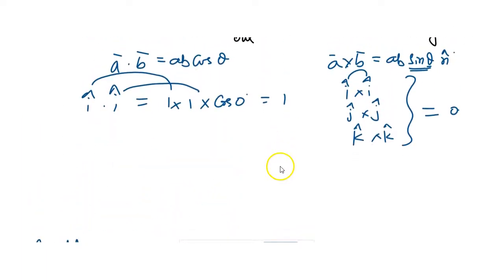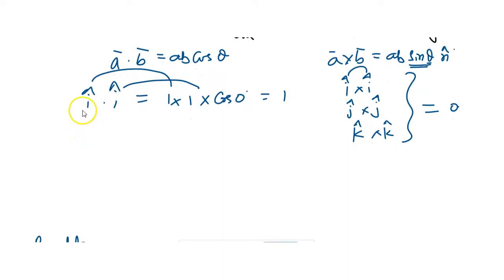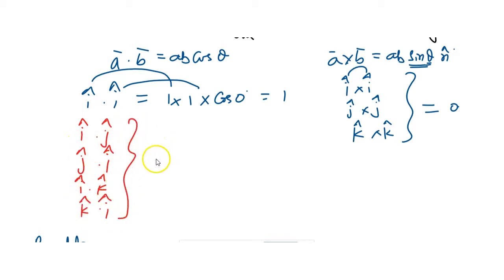We saw that if we take the dot of the same kind of vectors, we get 1. On the other hand, if we take the dot of mutually perpendicular vectors, such as i dot j or j dot i, or even i dot k, or even k dot i, whatever I do, the angle between them is 90 degrees, so the result will be 0.